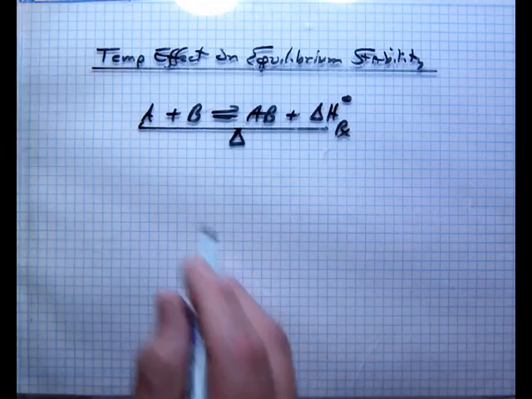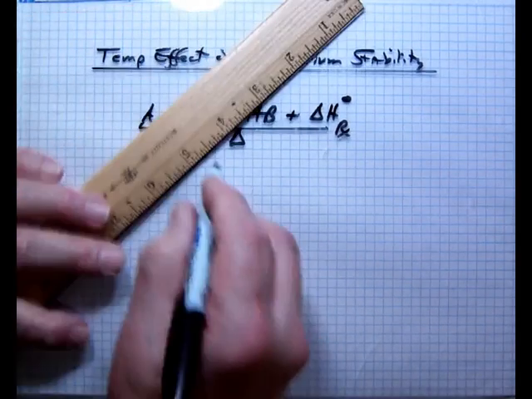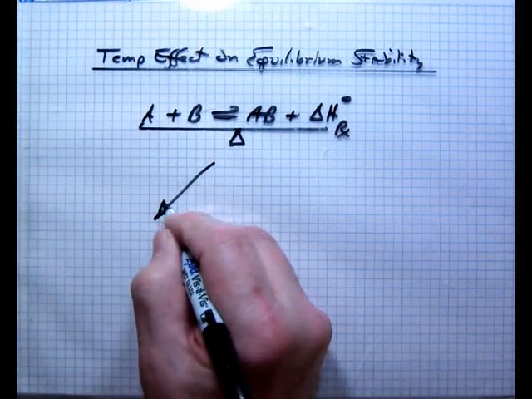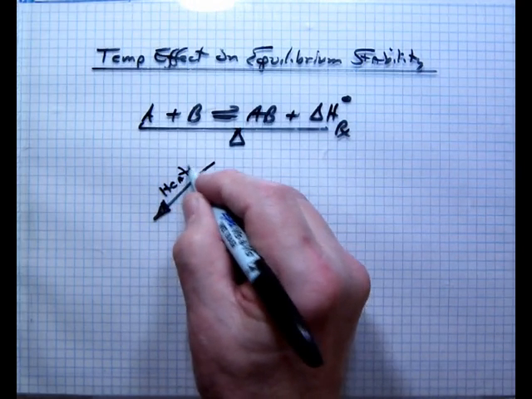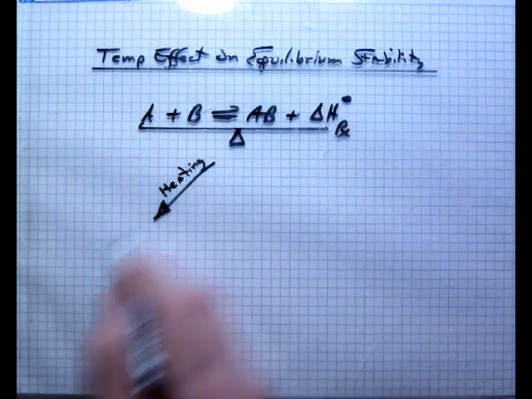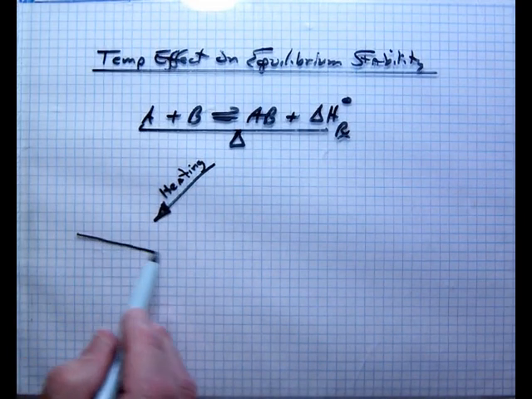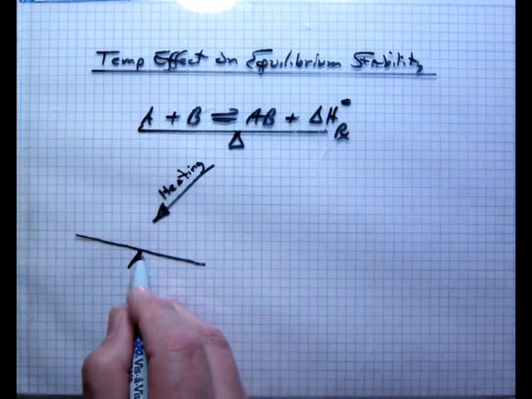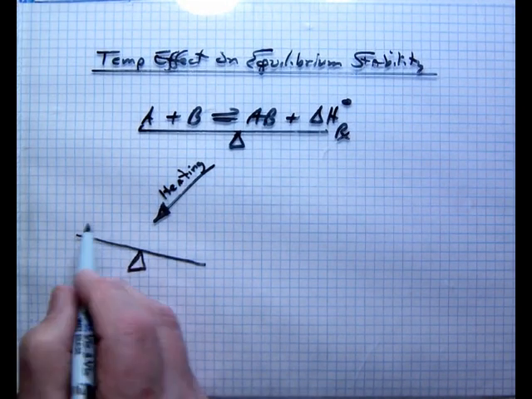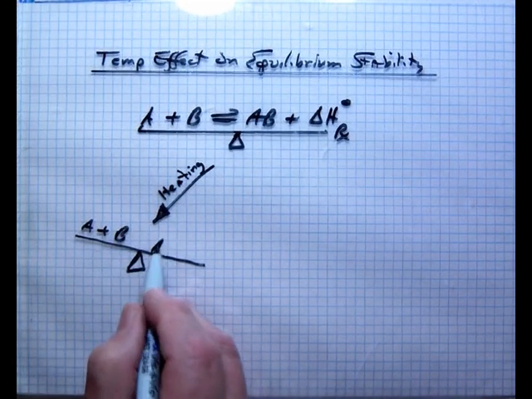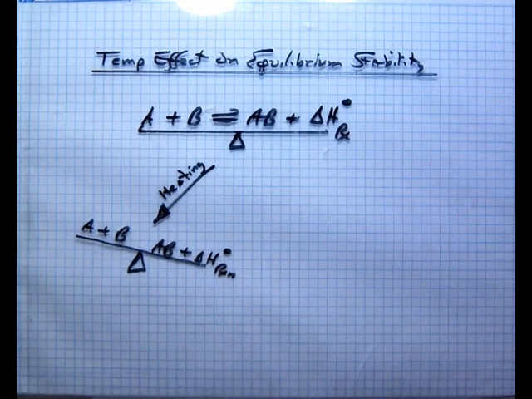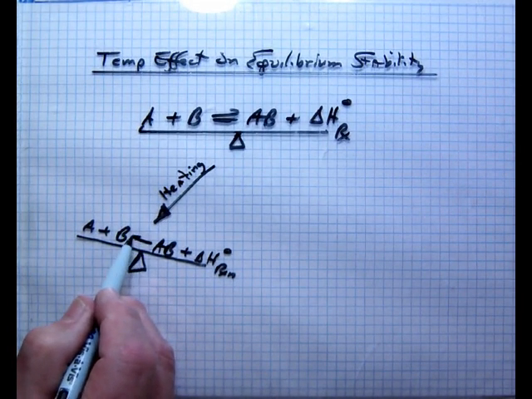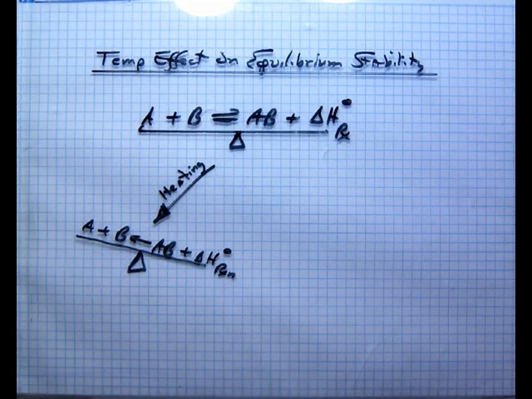When you heat the system, you're adding a material object to that side. So in essence, if you heat this, it will tilt like this. As a result, it's going to have to shift to the left.